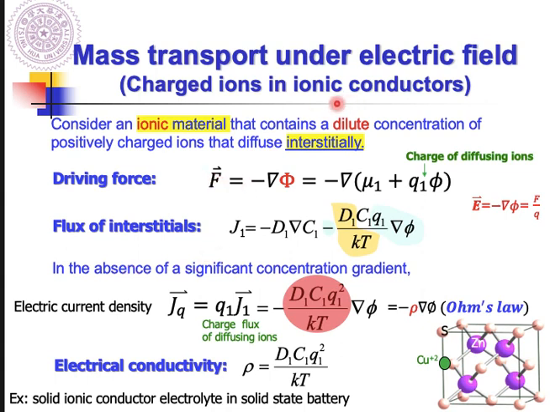If our material system belongs to ionic materials, then we have a dilute dopant, a positive copper ion, in our material when we apply the electrical field.